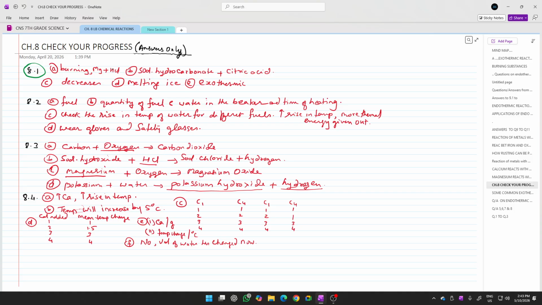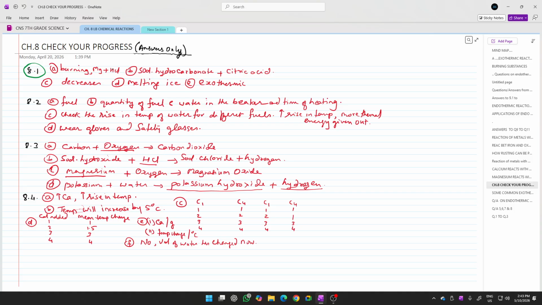Right, and the phrases are given over here, so you can read from your textbook. The phrases given are burning, decreases, exothermic, increase, exothermic, evaporation, etc. So this is like matching.